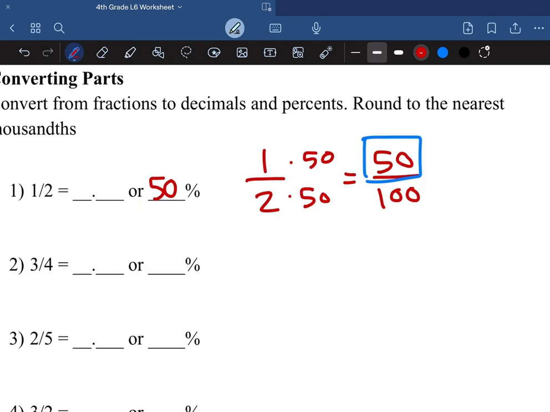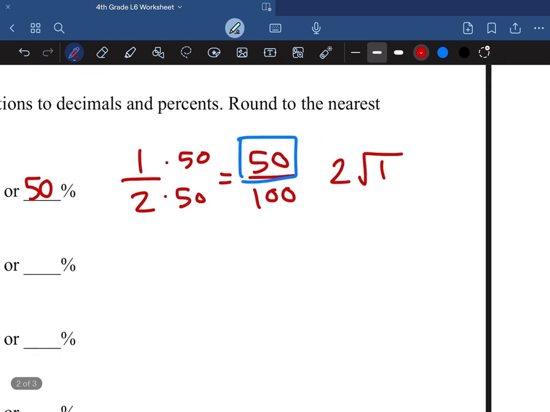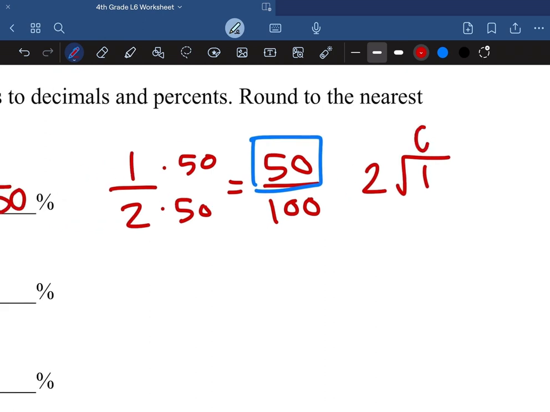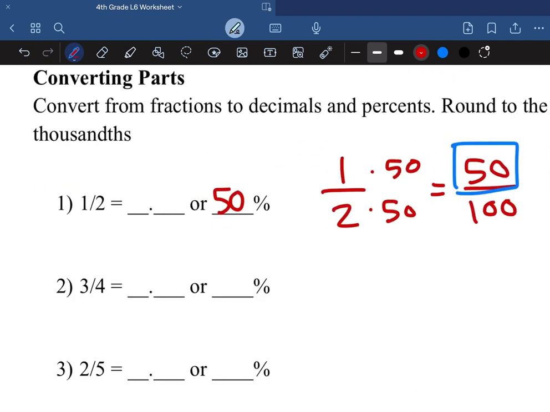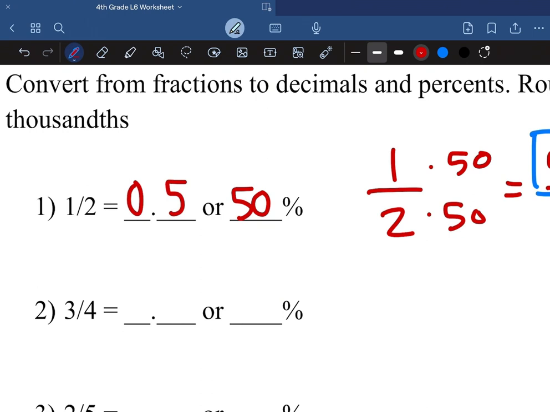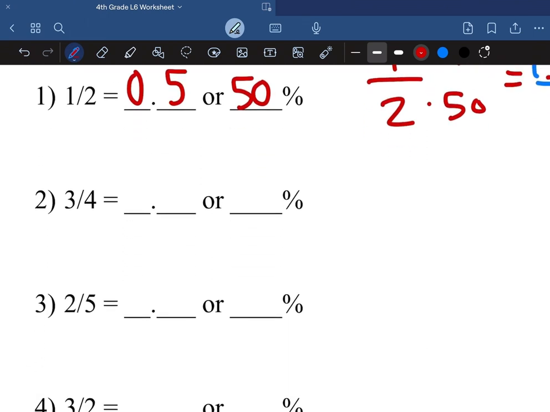To convert to a decimal, we have to divide the numerator by the denominator. So 1 divided by 2. 2 goes into 1 0 times, so we add a decimal point and a 0 after it. 2 goes into 10 5 times, so the decimal form for 1/2 will be 0.5. Number 2, 3 over 4.